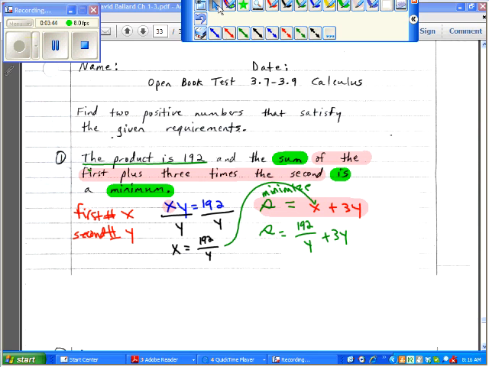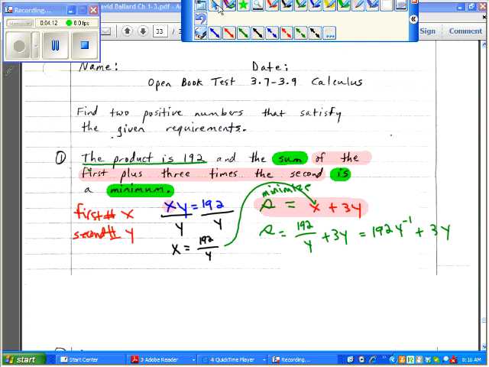Now, if we're going to look for a relative minimum, then what do we need to do? Find the first derivative and the critical numbers. And then we want to test those critical numbers at the second derivative, right? Okay, so we're going to rewrite this. I'll just rewrite it here as 192y to the negative 1 plus 3y.